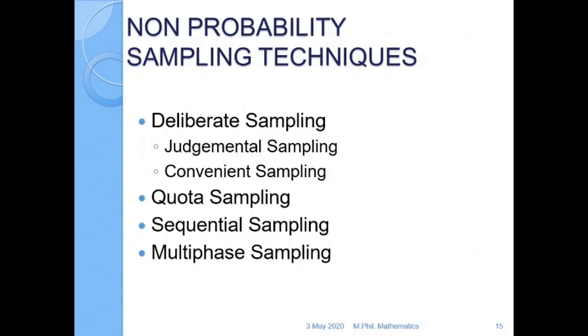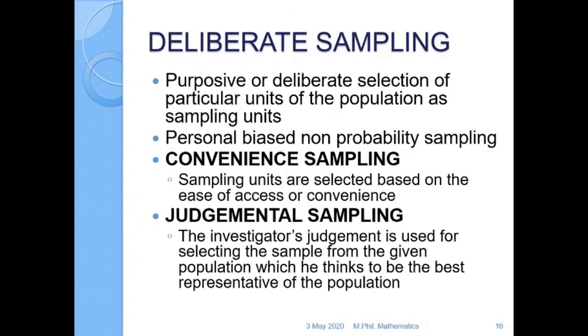Now we move on to non-probability sampling techniques. Remember, non-probability sampling techniques are techniques in which there are certain members of the population with zero probability of being selected as a sampling unit. Some of the techniques are deliberate sampling.